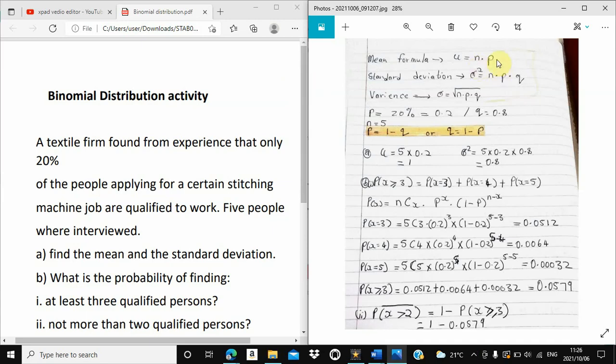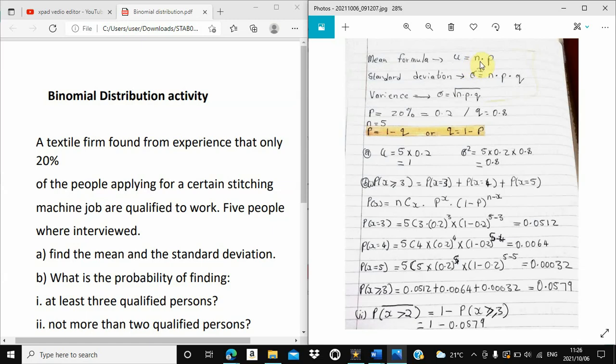I wrote them here. In binomial distribution, the mean is also denoted by mu. But now here, there is a different case. Wherever you see n in binomial, automatically you must know that we are talking about the sample space.